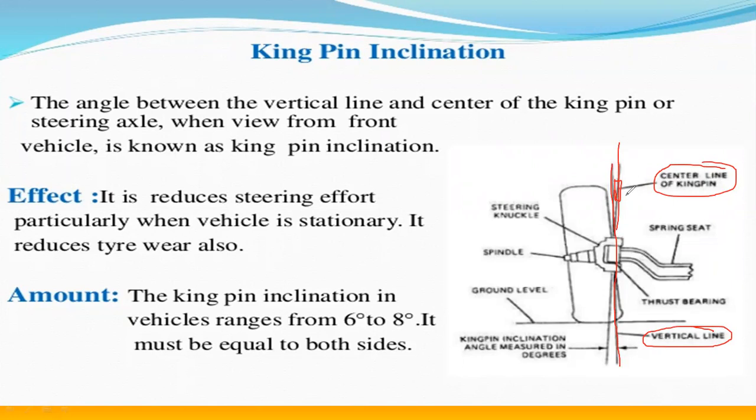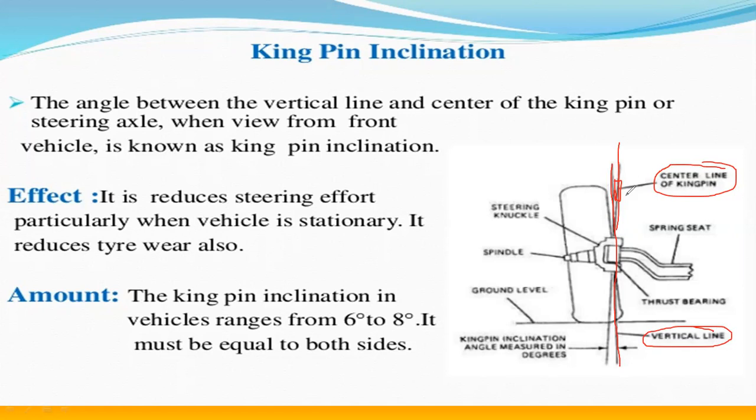This term has been renamed steering axis inclination in relation to modern cars, where the kingpin has been replaced by ball joints. In modern cars, the kingpin is replaced with ball joints, and the steering axis inclination refers to the inclination of the ball joint axis from the vertical.